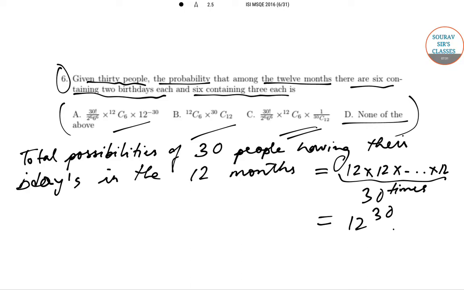Now in our case, we need to find the probability that among the 12 months, 6 months will contain 2 birthdays each and 6 will contain 3 each.